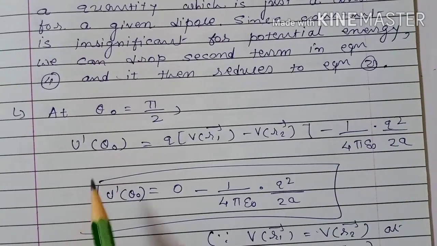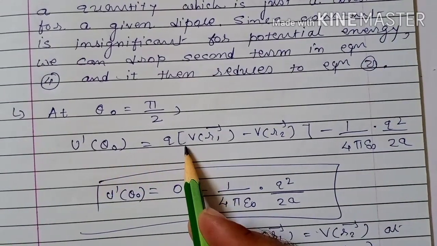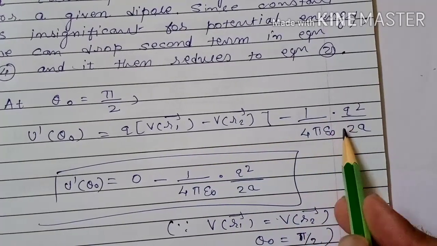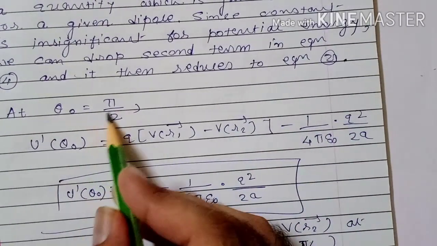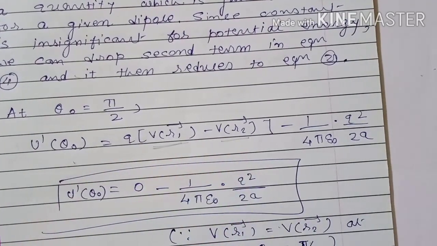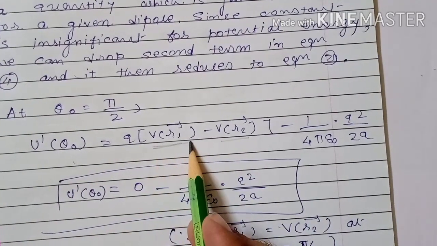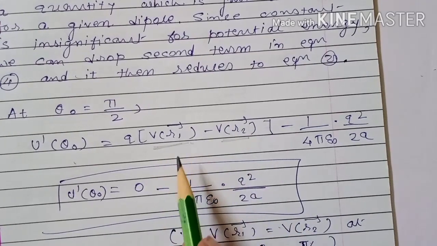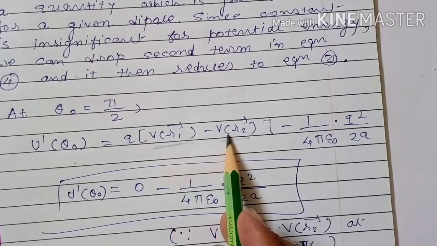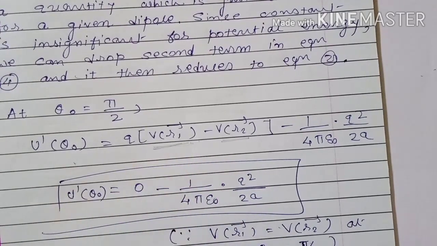Therefore we can write u dash theta naught is equal to q into v r1 vector minus v r2 vector minus 1 upon 4 pi epsilon naught into q square upon 2a. But at this angle theta naught, these two potentials are same. If these two potentials are same, then here if we consider this as 5 volt, then 5 minus 5, that is 0. 0 into anything is 0.